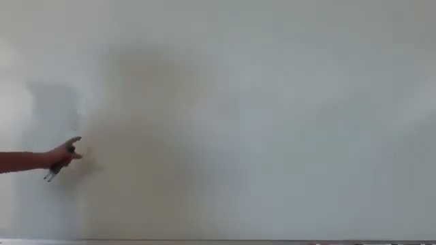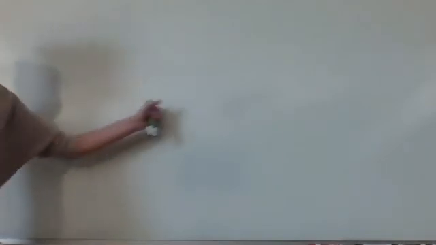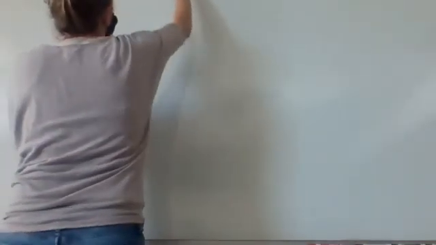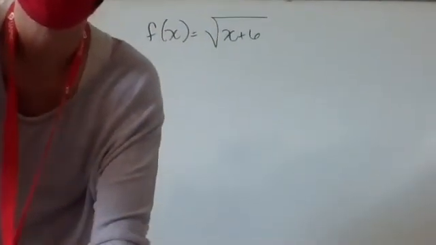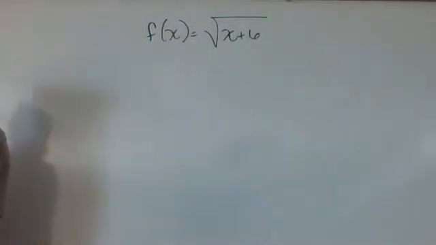So remember what we just did there. We had a squared and we knocked it out with a square root, right? So when we're looking at number 12, f of x equals square root x plus 6. This is 1 to 1.